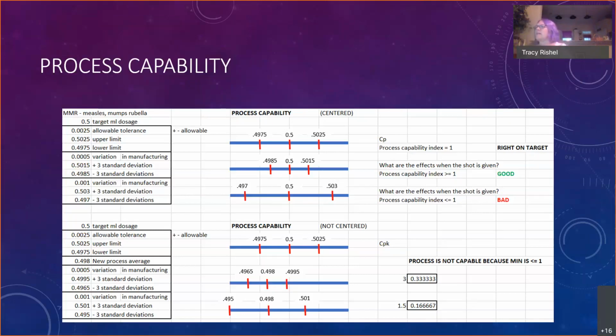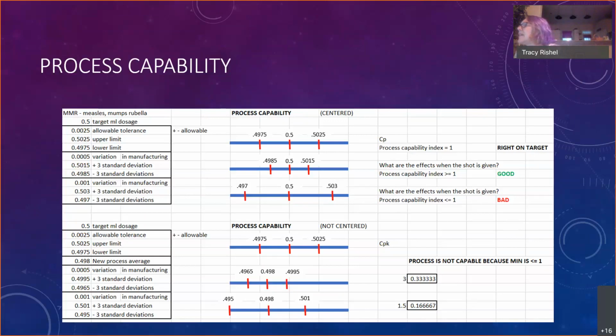If we look at the third diagram, we have variation in manufacturing of 0.001, and we go plus or minus 3 standard deviations. When we look at that and compare it to the top diagram, we are outside the limits.